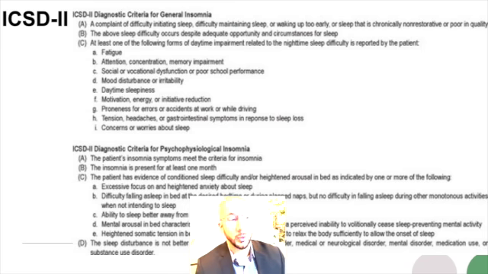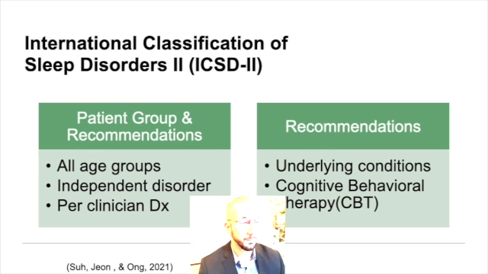We'll go with the patient group first. This does work for all age groups. Pediatrics, geriatrics, doesn't matter your gender, ethnicity, anything like that. We need to find out though if it is an independent disorder, meaning insomnia stands by itself, or are there underlying conditions and comorbidities, especially other psych disorders such as bipolar, anxiety, depression, PTSD.